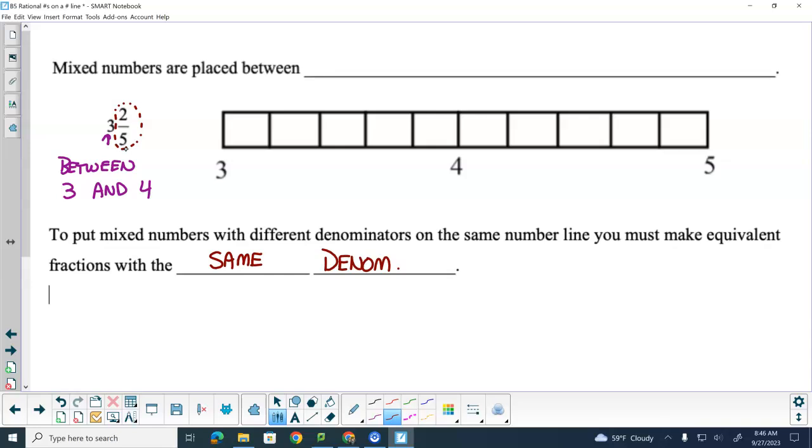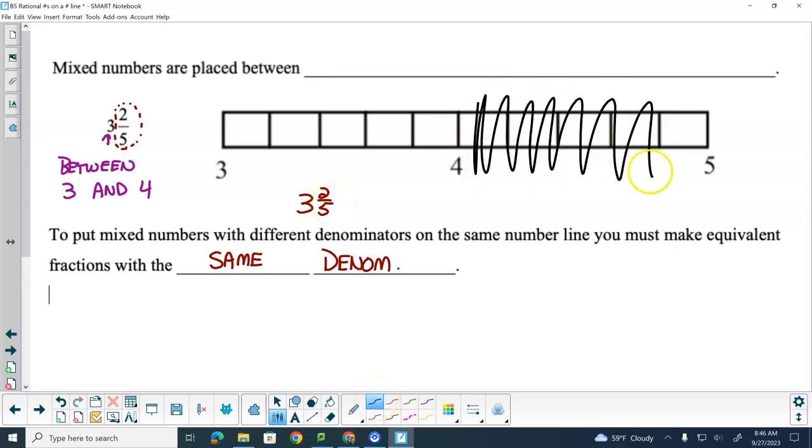So here for 3 2/5, we would be between 3 and 4. I wouldn't be looking at any of these, because it's not bigger than 4. It's between 3 and 4, and I would go 2/5 of the way. So I would be right there.